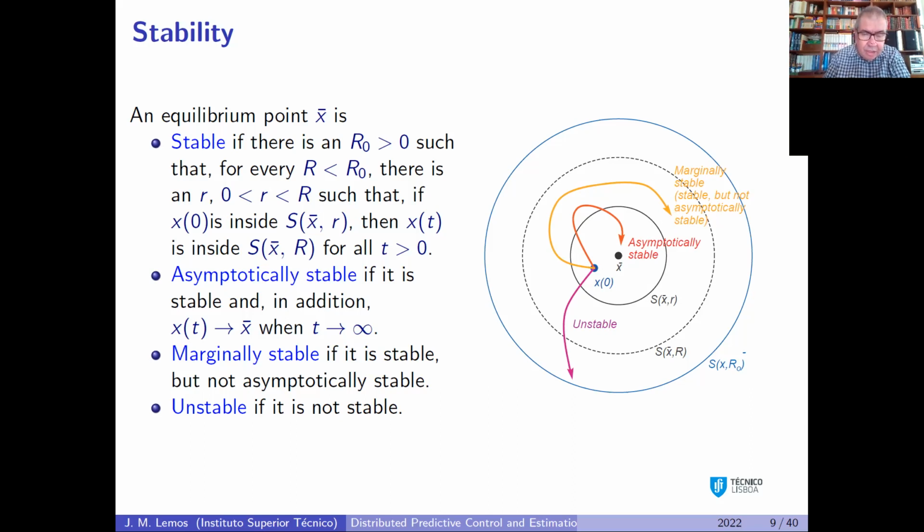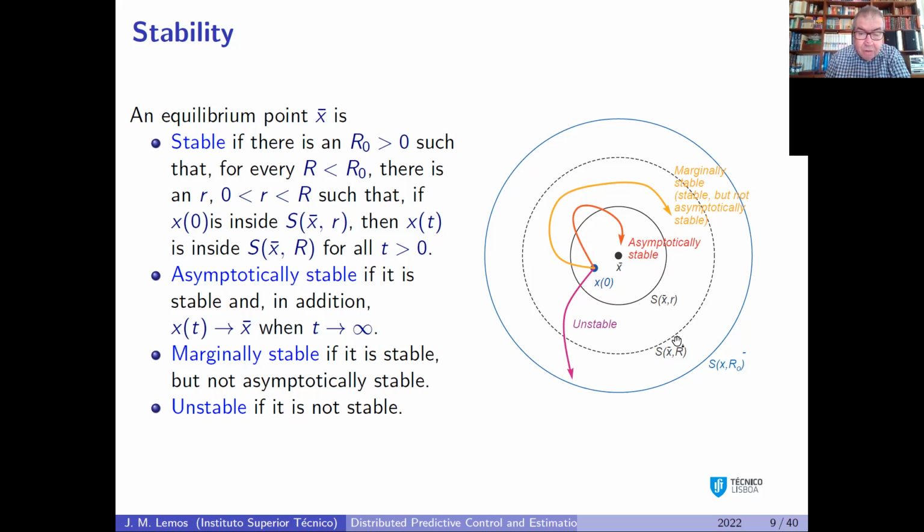So the definition of stability is: for any capital R, within some bounds, it should not be bigger than R0, I'm able to find a small r such that if the initial condition starts inside the smaller ball, it will remain within the largest ball.